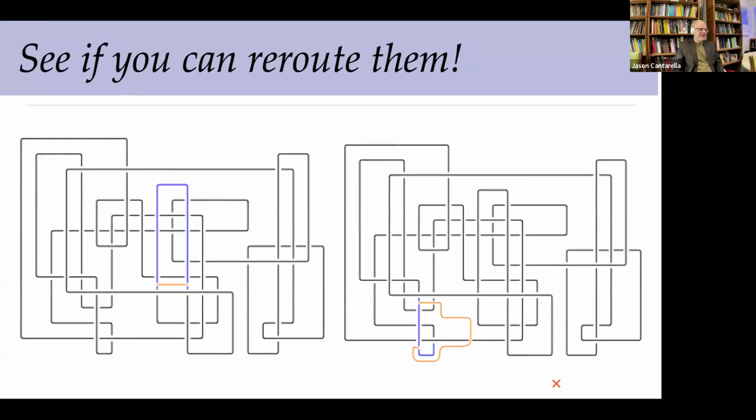So here's the same kind of thing. On the left one, you see it's 6 to 0, maybe. And on the right-hand one, it's like 3 to 2. So these kind of reroutings are actually surprisingly efficient as a way to simplify knot diagrams. And of course, once you do some reroutings, maybe you'll unlock more reroutings that are visible to you now that you've moved stuff aside.